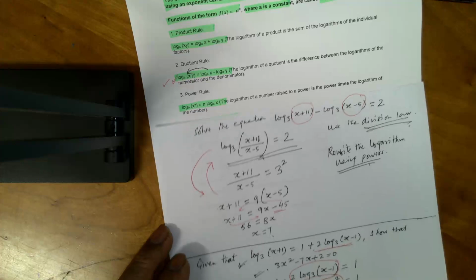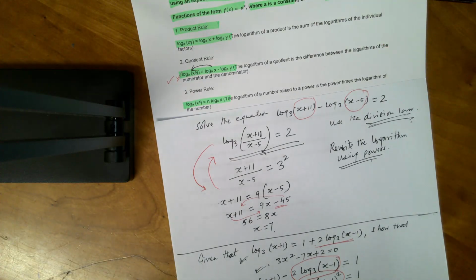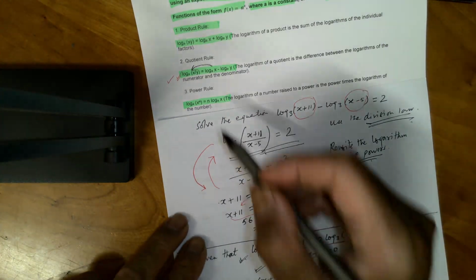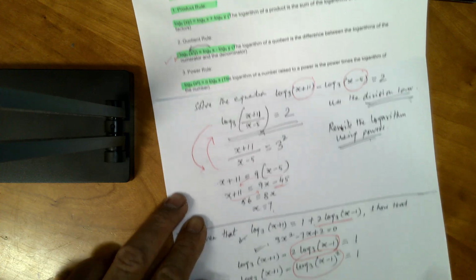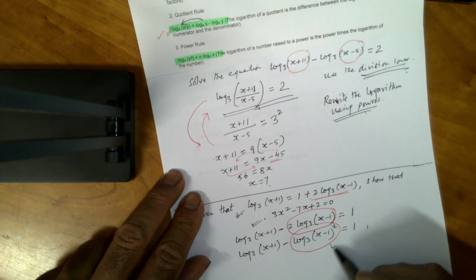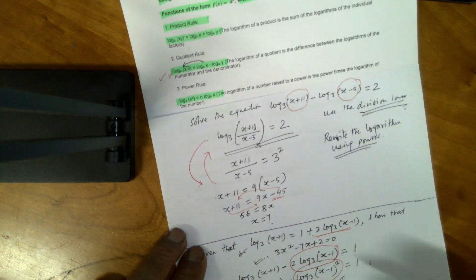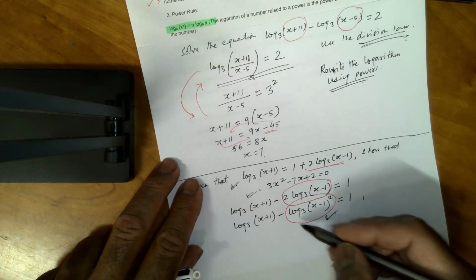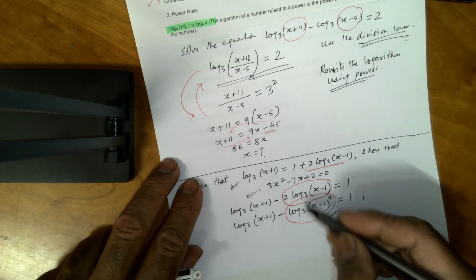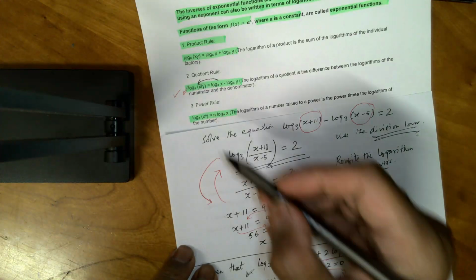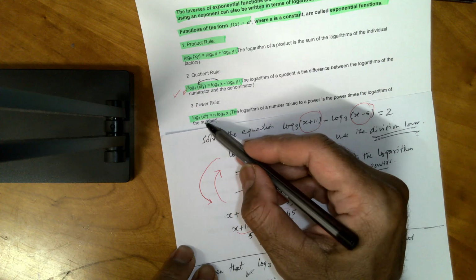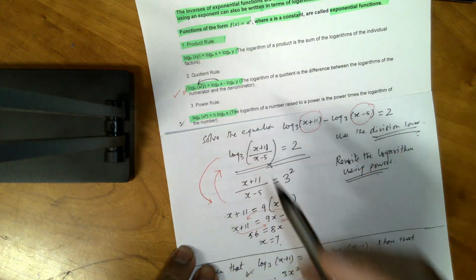And let me just show you that. What I have done here, this bit here, I'm just writing that this can be written like this, and that's by using the power rule here. So this is what I used here.